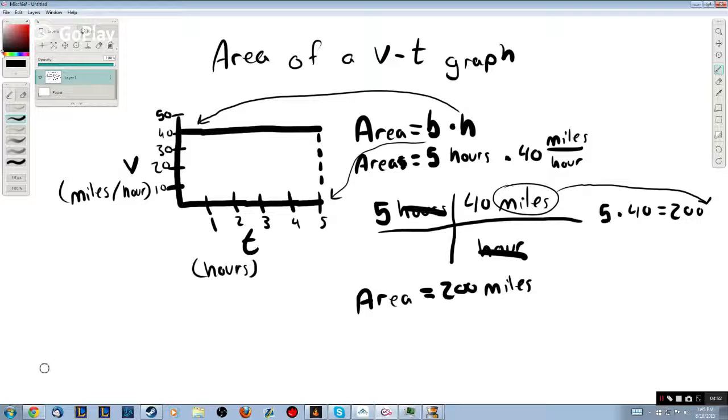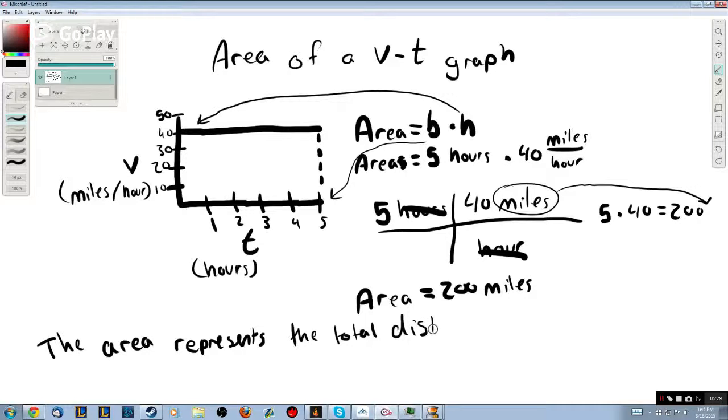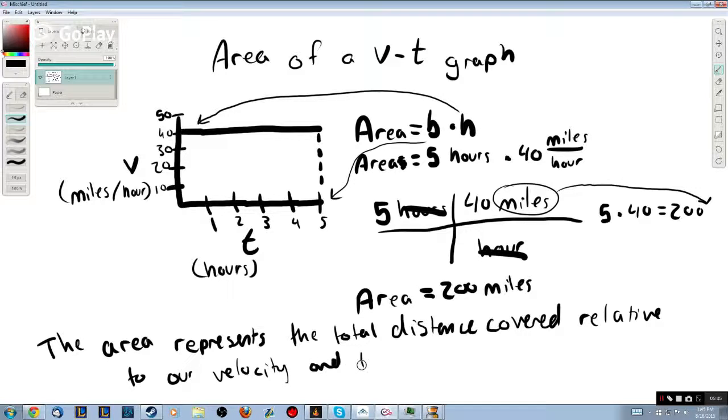So the area represents the total distance covered relative to our velocity and time.